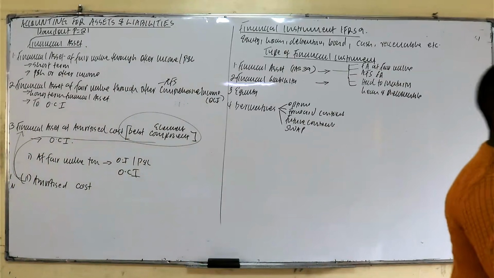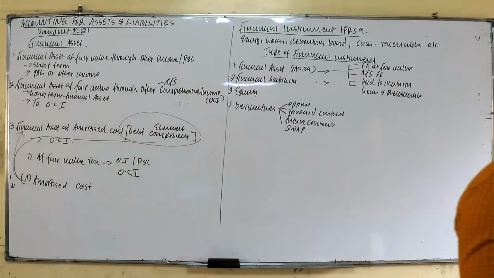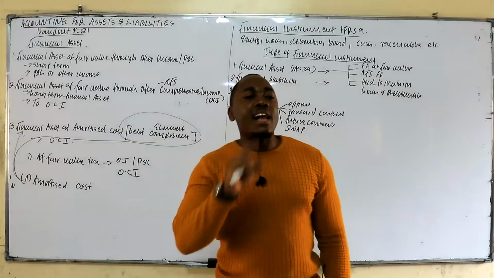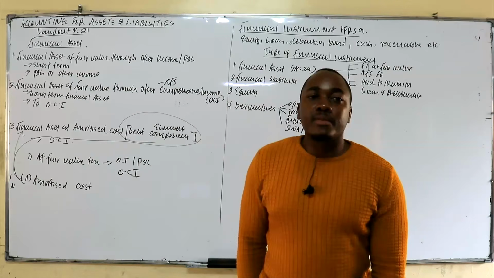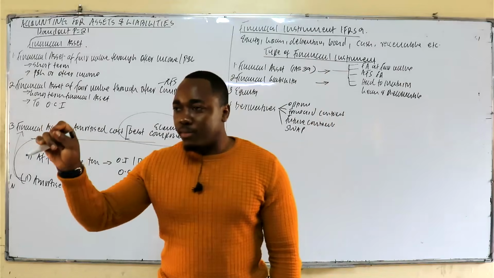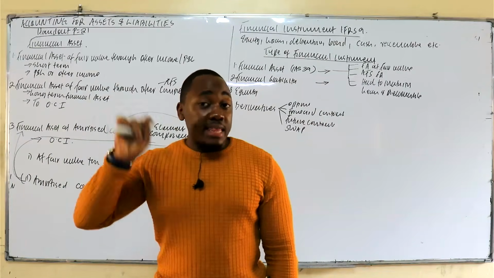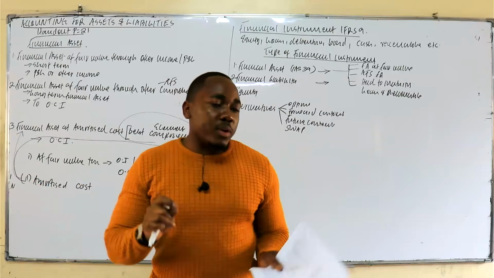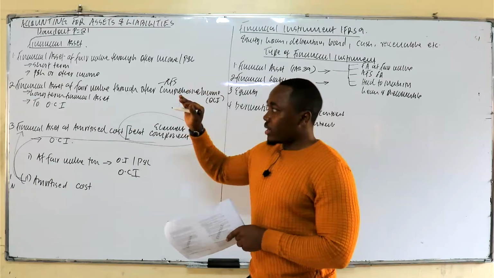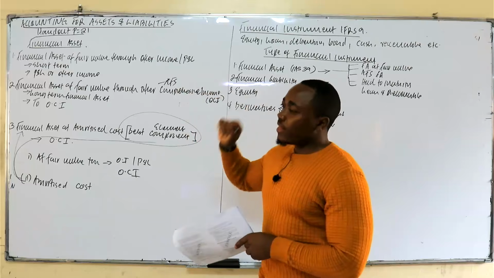Good. We repeat again. Now listen up here. All financial instruments are initially measured at what? At fair value, either through P&L or other comprehensive income. That depends on whether it's short term or long term. If it's short term, you take it to the P&L, that means under other income. If it's long term, you take it to other comprehensive income.